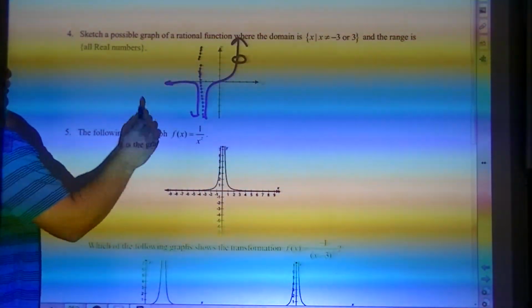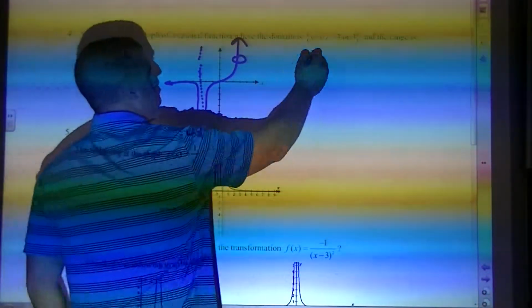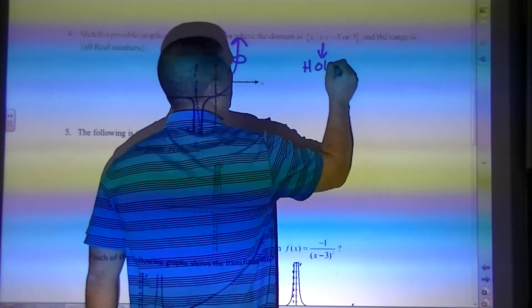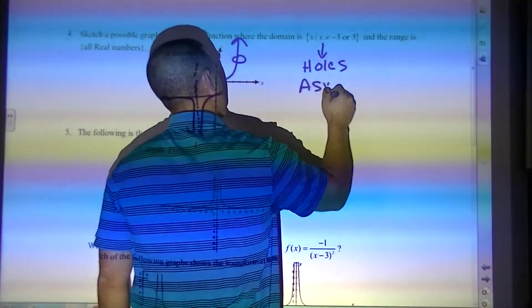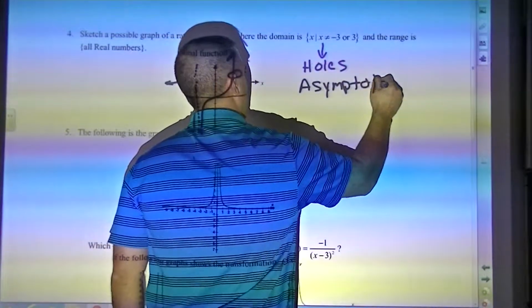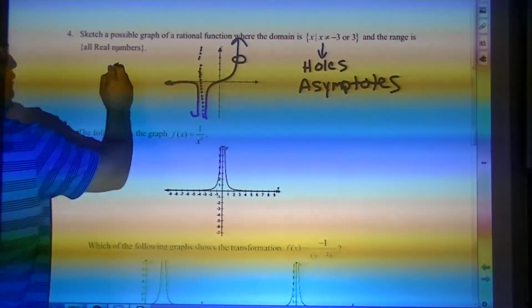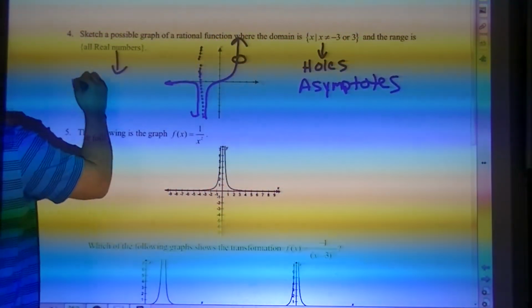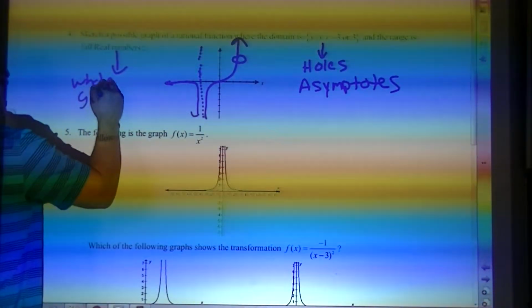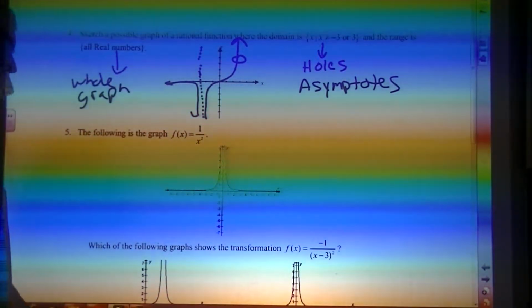There's all kinds of possibilities; basically what you want to look for in this are holes and asymptotes. All real numbers just means it's going to stretch the whole graph. And this is going to be a multiple choice based question.